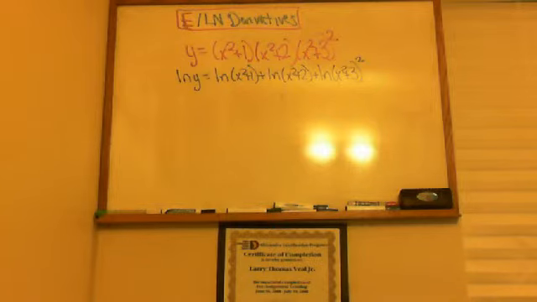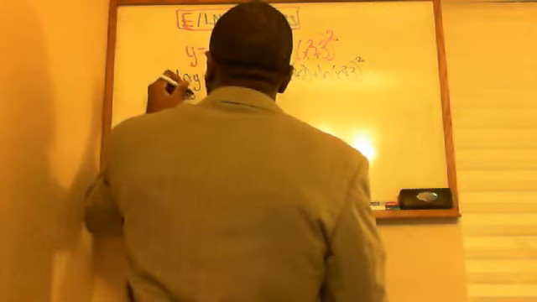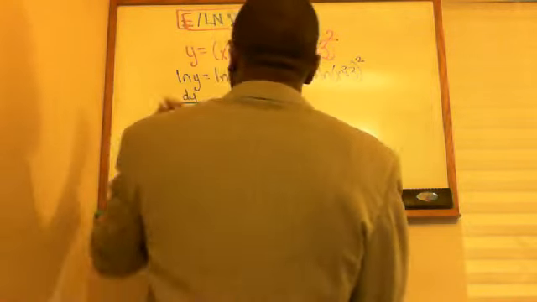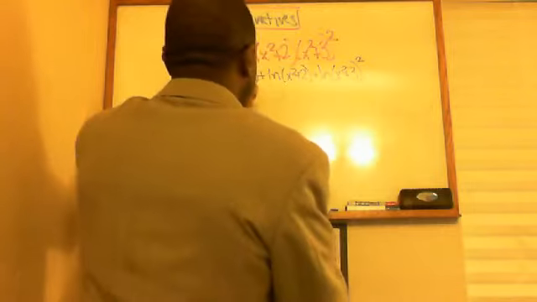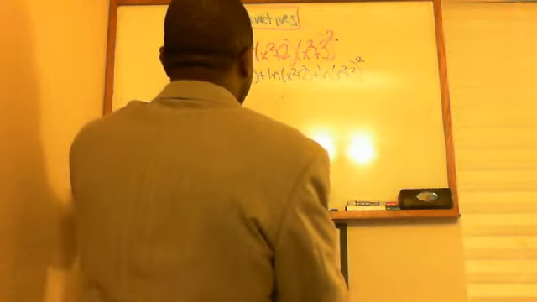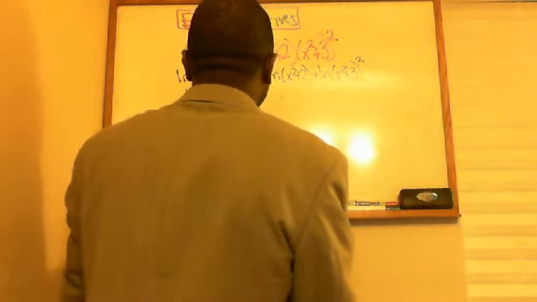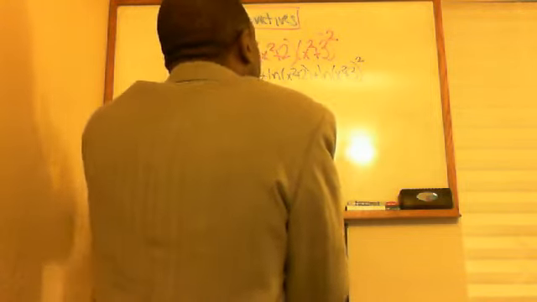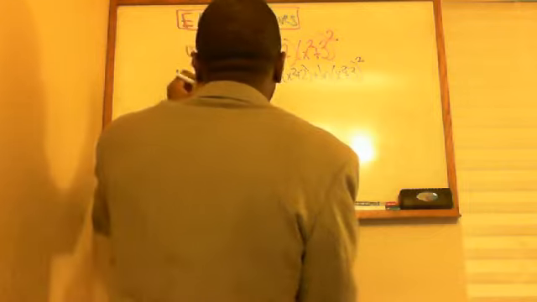The next thing I do, I already know that the derivative of natural log of y is dy over y, like the last problem. I take the derivative of the inside of the parentheses, which is 2x, and put it over x squared plus 1, because the derivative of natural log of x squared plus 1 is 1 over x squared plus 1.